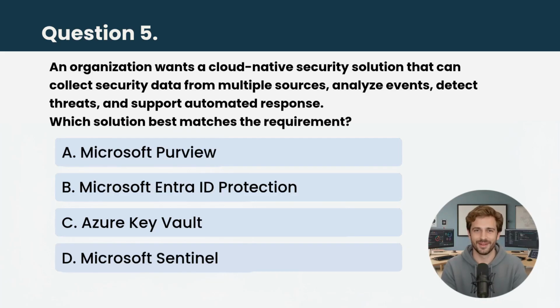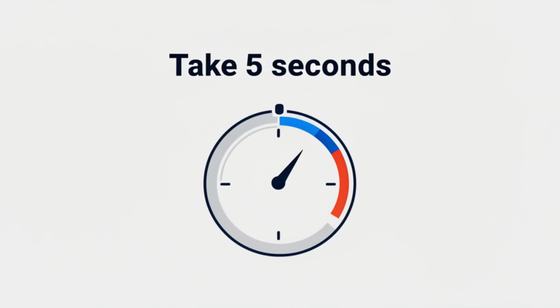If the question says keys, secrets, or certificates, think Key Vault. Question 5. An organization wants a cloud-native security solution that can collect security data from multiple sources, analyze events, detect threats, and support automated response. Which solution best matches the requirement? A. Microsoft Purview. B. Microsoft Entra ID Protection. C. Azure Key Vault. D. Microsoft Sentinel. Take 5 seconds before answering.